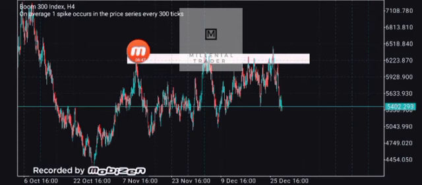Once price got in this zone, what happened next? You can see it sold. First time it sold, then again the second time here, still in this same area on the chart, it sold again. Here it sold, again here it sold, also here it sold.